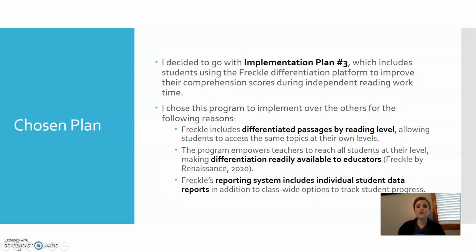I decided to go with Implementation Plan 3, which includes students using the Freckle differentiation platform to improve their comprehension scores during independent reading work time. The reason I chose this program over the others was because Freckle was brand new to me, and I had not known much about it at all, and I realized that it contains differentiated passages by reading level.